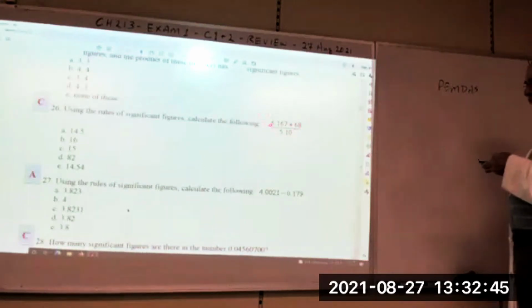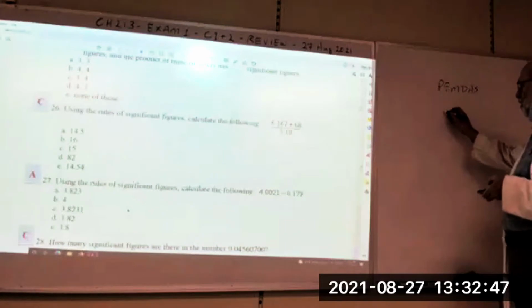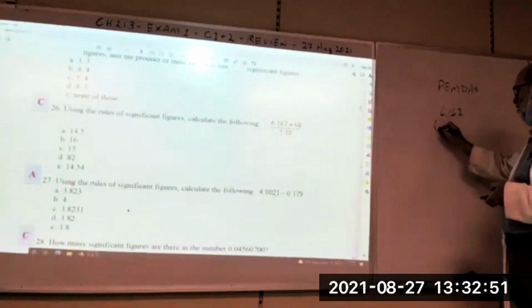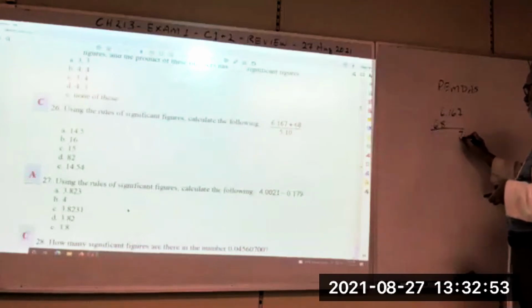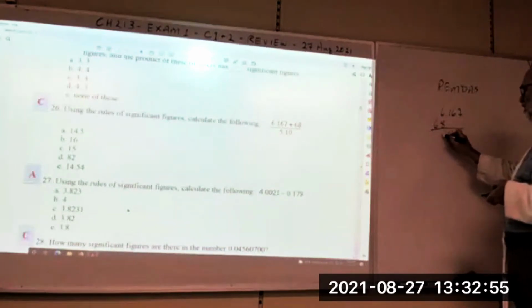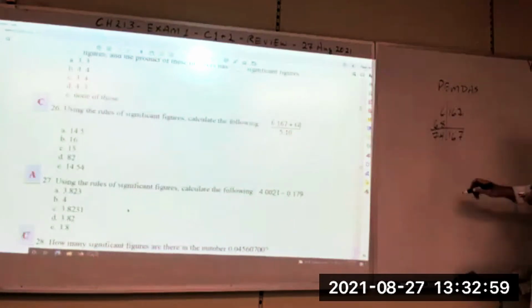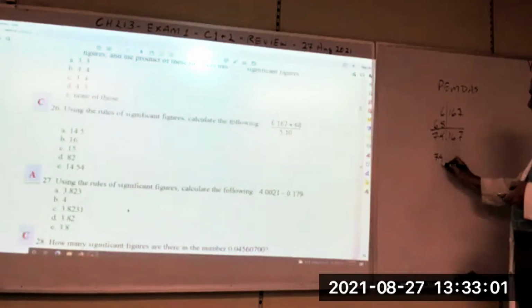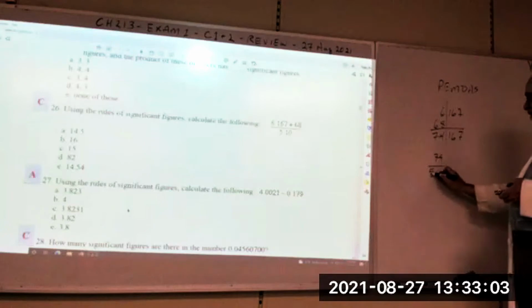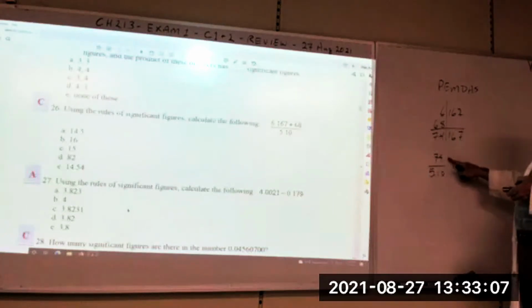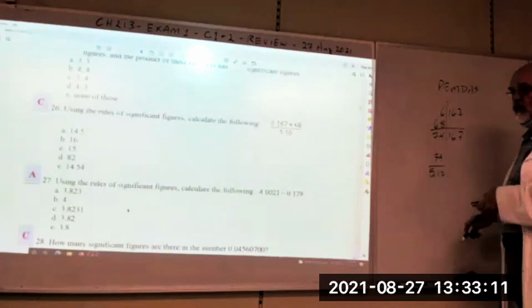So I'm thinking that we add those together. 68, 7, 6, 1, 14, 74, and we're limited there. So that means 74 is the answer here, divided by 5.10. So 2 divided by 3, we're limited to 2. Oh, they actually want an answer.